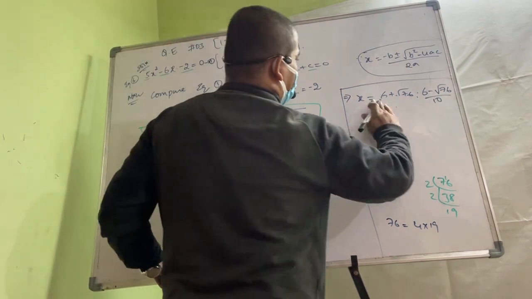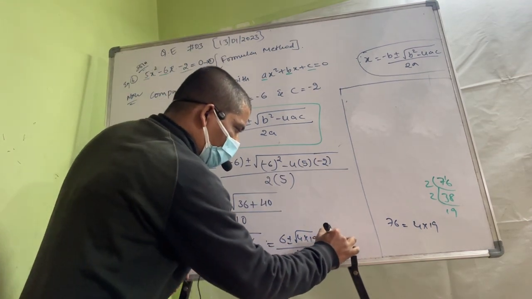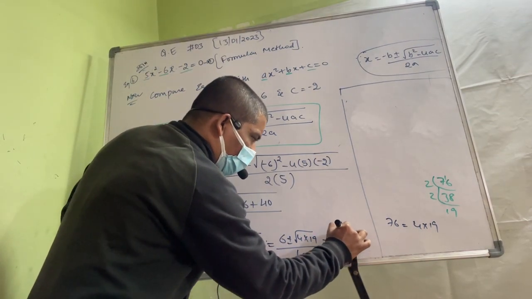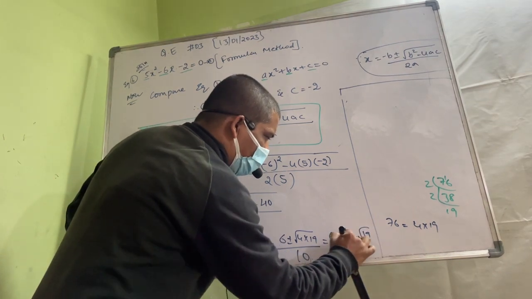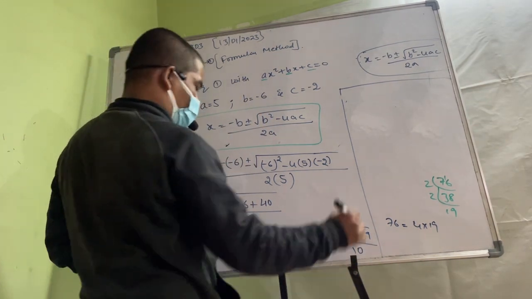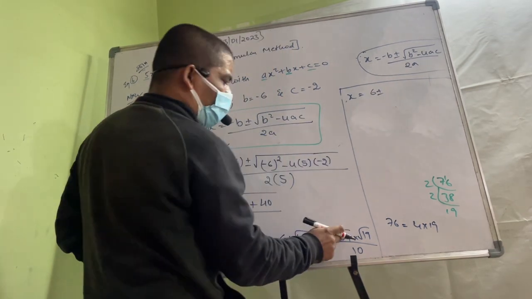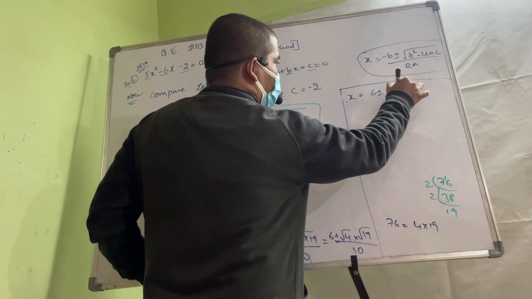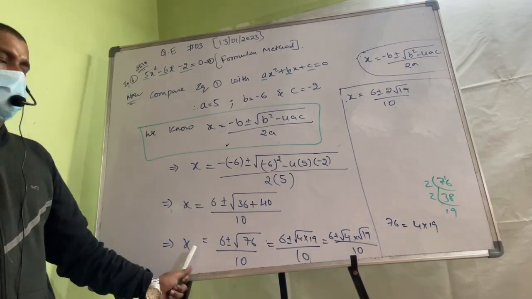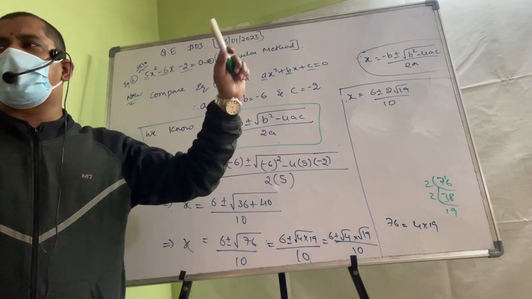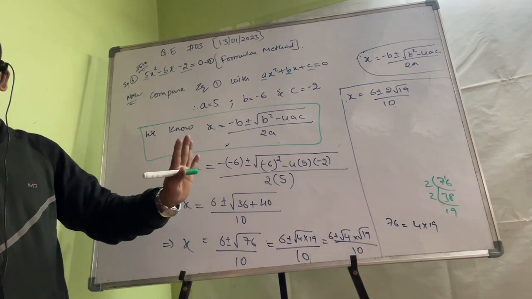So I'll remove this. After some time I'll write new step here. So under root 4 you write separately. Under root 19 you write separately. By 10. So x is equal to 6 plus or minus under root 4 value how much? 2. 2 under root 19 by 10. Getting? So under root 76 I wrote as 2 under root 19. Clear? We cannot do anything further than that.